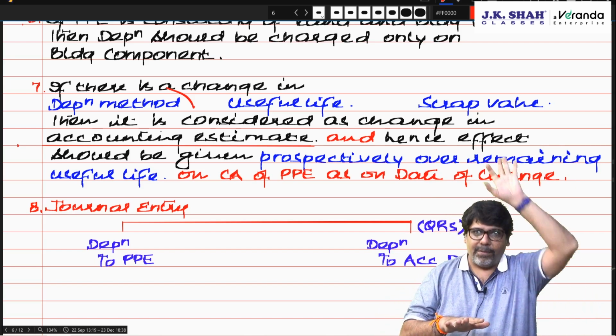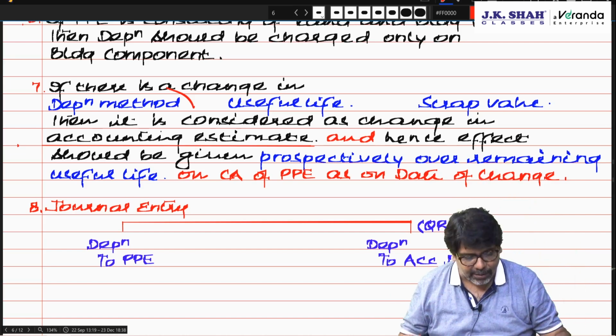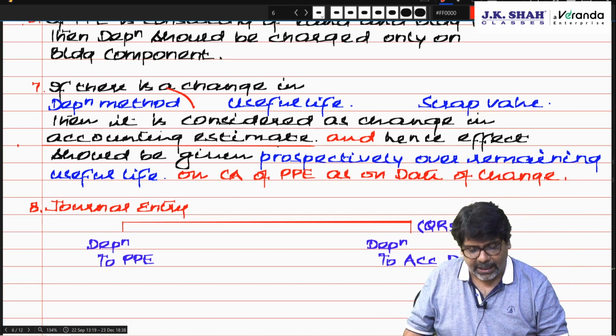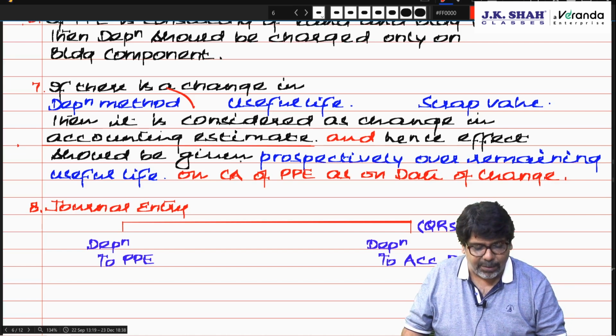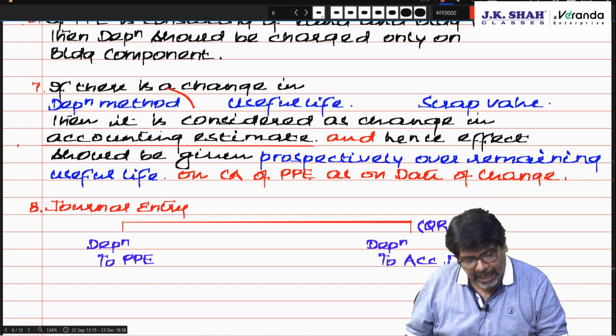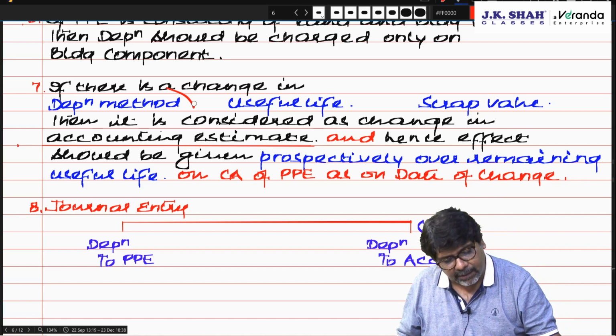You are not supposed to go into the past. It's a prospective change. Then it is considered a change in accounting estimate, and hence the effect should be given prospectively over the remaining useful life on the carrying amount of PPE as on the date of change.